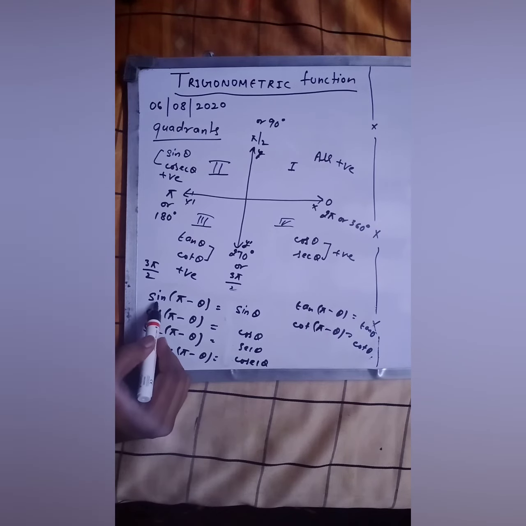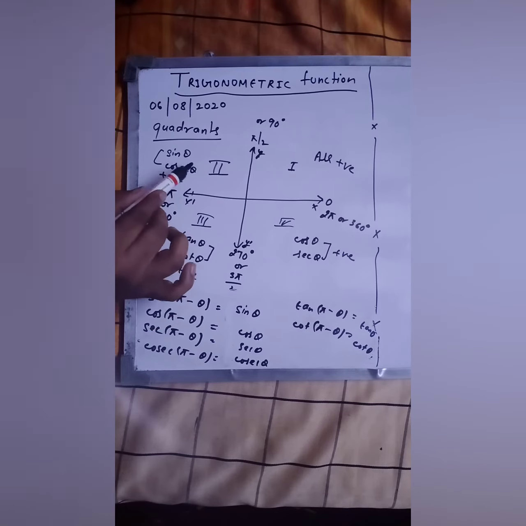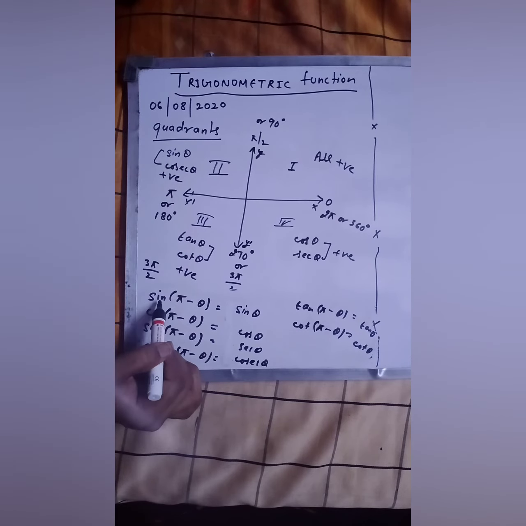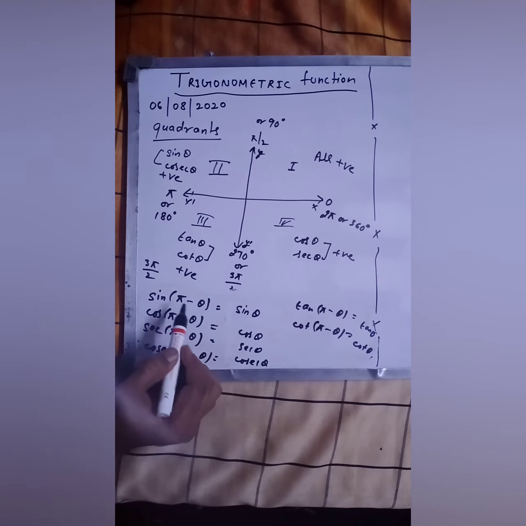See, sine pi minus theta. That means pi, here it is minus theta, something is being subtracted from 180. So it will lie in the second quadrant. In the second quadrant, sine is positive. You will get sine theta only in place of sine pi minus theta.